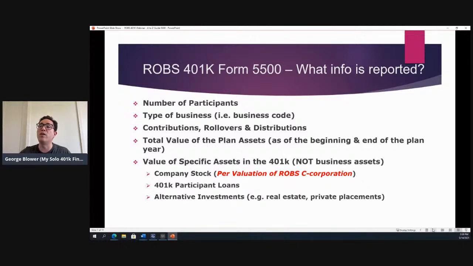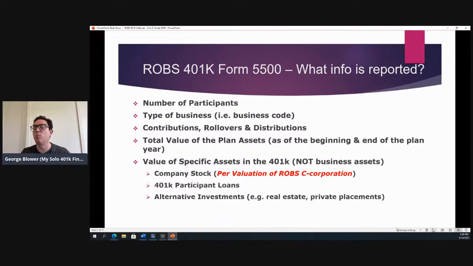So it's important to note that here, what needs to be reported is not business assets. So if you have real estate that's in your C corporation, that asset is not listed on the 5500. But if you own other assets in the 401k, which fall under one of these categories, then that would all have to be specifically broken out and itemized on that 5500.